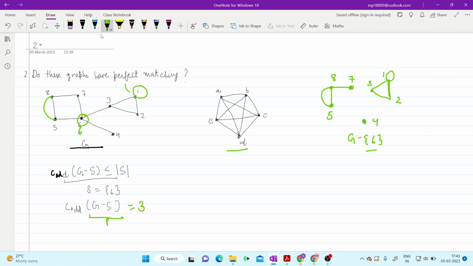Now if you apply the Tutte criteria, it is not satisfied even after adding this, so your new graph won't have a perfect matching either. Is that fine?